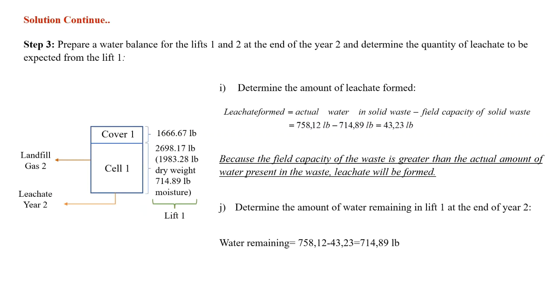In this case, since the water amount exceeds the capacity, we observe leachate production. This amount is 43.23 pounds. If this much water forms leachate, then the remaining part stays in lift 1 at the end of year 2.